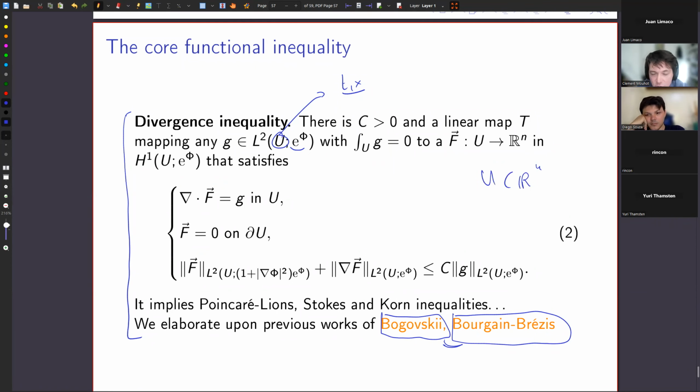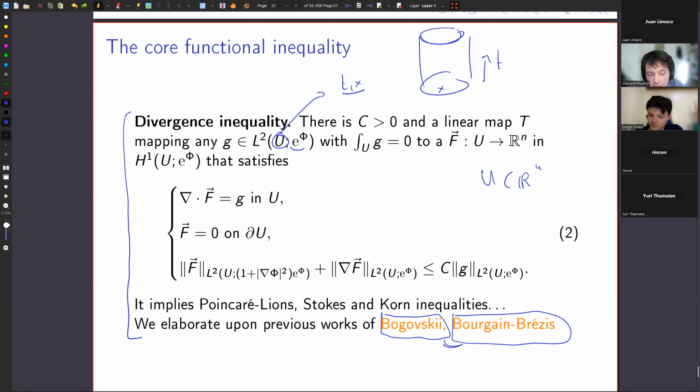For the application, U will be a cylinder in space and time for us. Then, if g has 0 mass on the domain, in L2 with a weight, there is a vector field, not unique obviously, so that the divergence gives g.